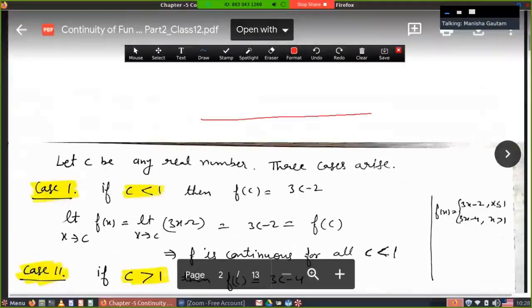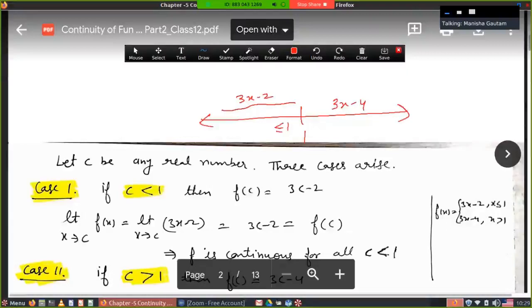Suppose this is 1, and here is 0 somewhere. For numbers less than 1, the function will be 3x minus 2. For equal to 1 also, it is 3x minus 2. When x is greater than 1, the function you have to take is 3x minus 4.